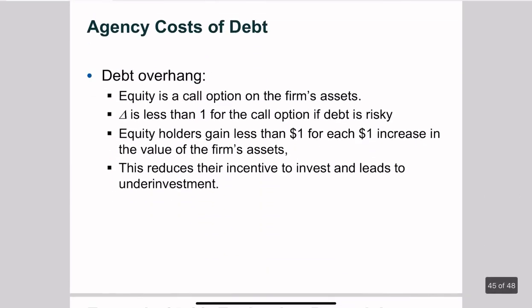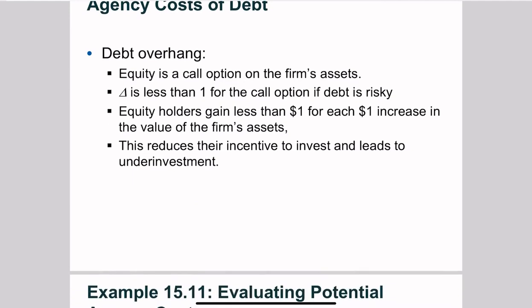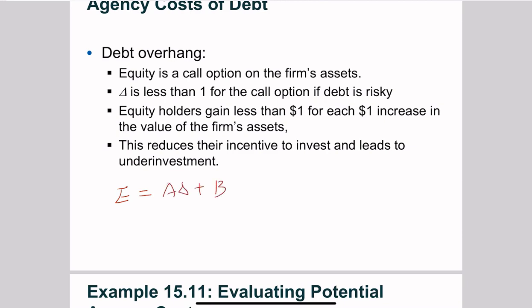And then we could also talk about debt overhang. To understand this, we should see that, again, equity is a call option on the firm's asset, which means the value of equity can be decomposed into two components, right? We can use the firm's asset and a risk-free bond to replicate the firm's equity.